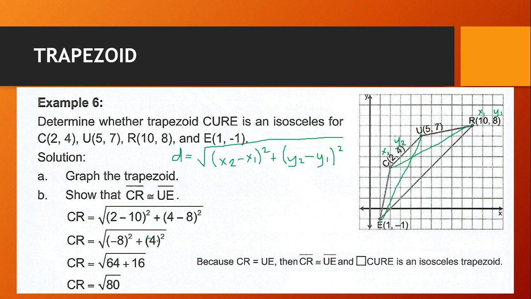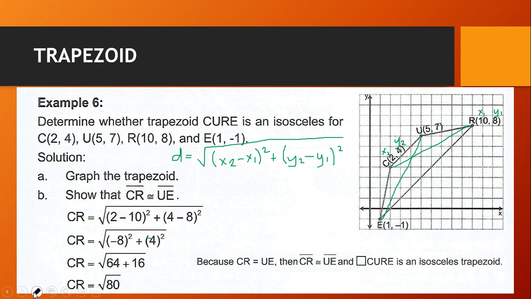Since negative 8 and negative 4 are being squared, the answers are positive. Negative 8 squared is 64, negative 4 squared is 16. Then add: 64 plus 16 is the square root of 80.